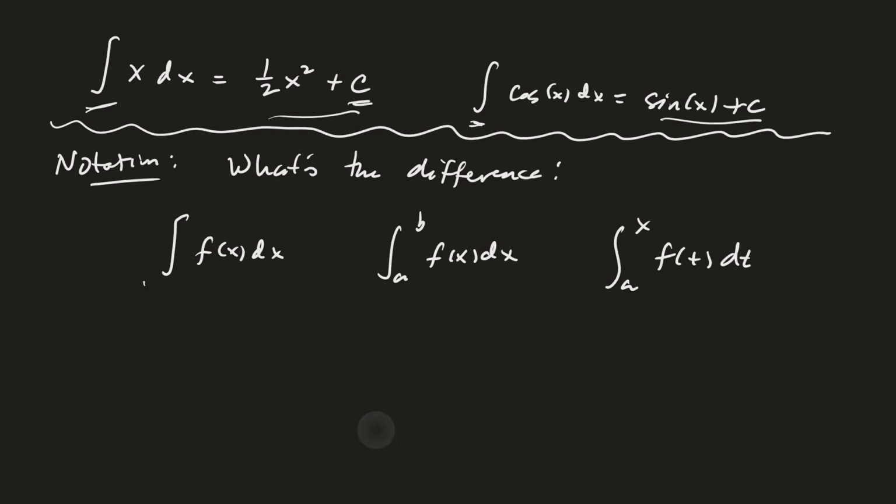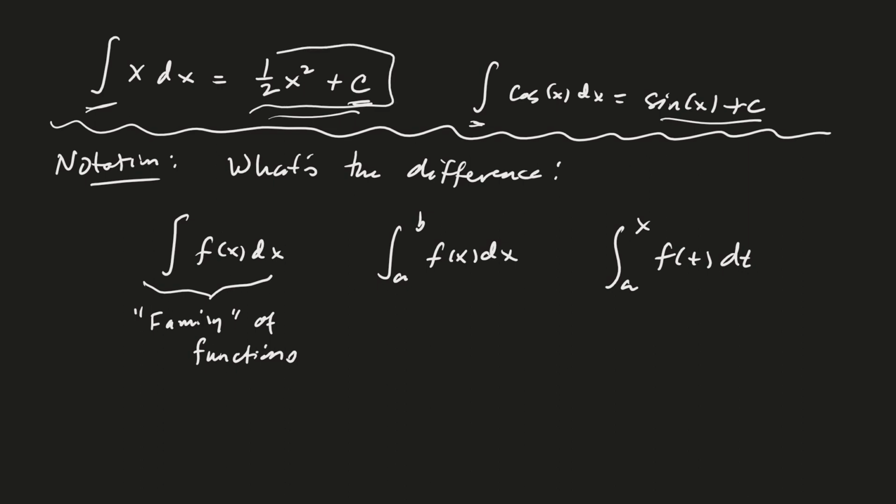Well, we just saw that this is what we might call a family of functions. Math vocabulary is friendly. This is a family of functions. And by that we mean something like this, right, where we add a c to the end of our general or our one specific antiderivative.